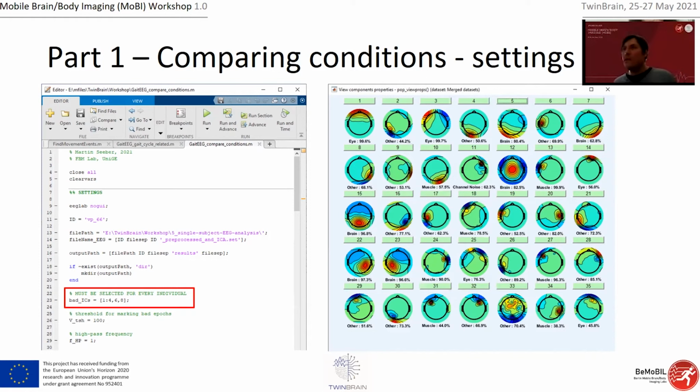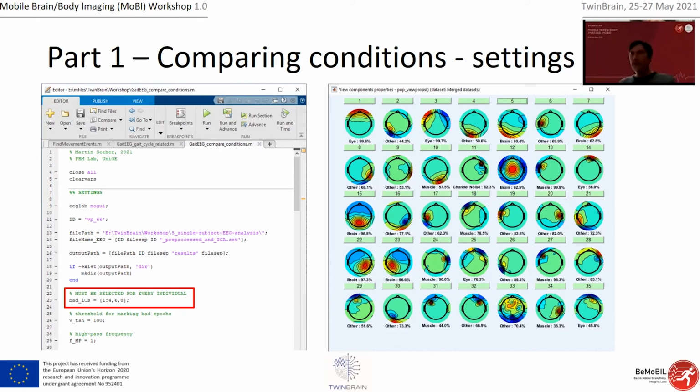Sorry, maybe I have a question. You just showed that you remove the first of the PCA components. Is that a common thing, that you saw that that's enough, or do you look at the others as well? I look at all of them, but what is enough, we don't know. I orient myself usually at the first ones because what I'm trying to do mostly is removing the eyes.